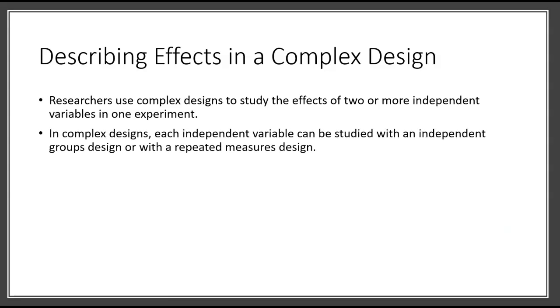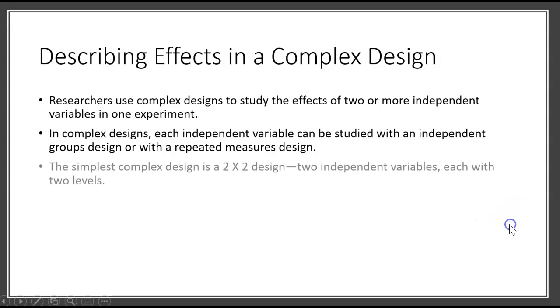Each independent variable can be looked at separately, either in a between groups design where you have different participants in those groups, or you can look at your independent variable in a repeated measures fashion, where you're differently applying your conditions in different ways. The simplest kind of complex design is what's called a 2x2 design, where you have 2 independent variables, each of them has 2 conditions, or as they're often called, 2 levels.